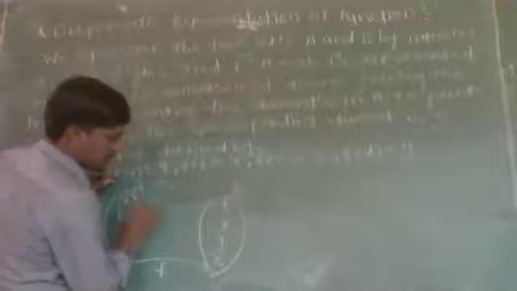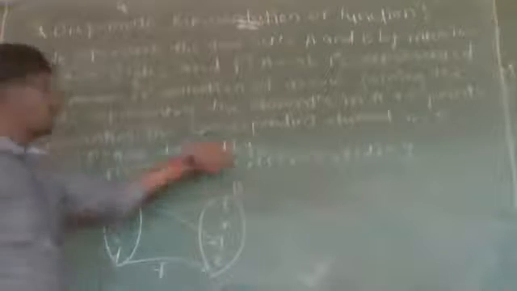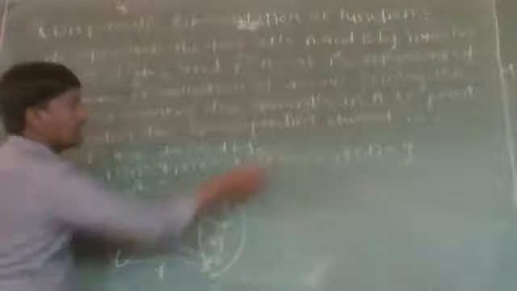This is the function from A to B. Now, what is the image of a? Image of a is y. f of b is x. f of c is z. And f of d is again y.